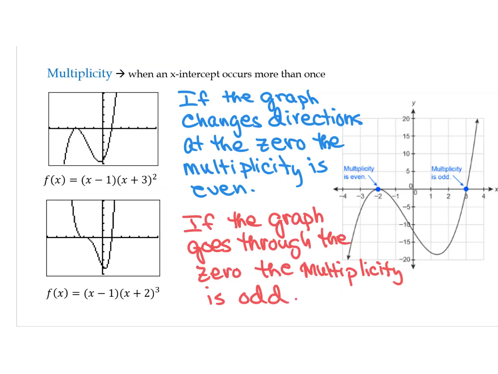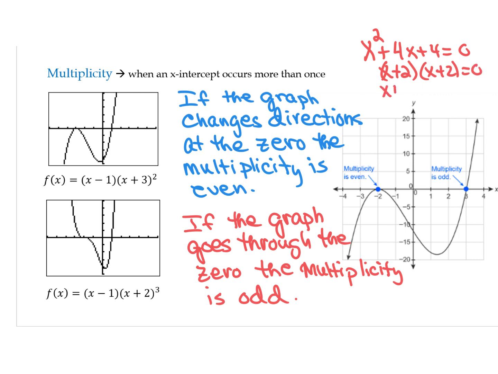The definition of multiplicity is when an x-intercept occurs more than once. And that would be, for instance, let's say that we have the equation x squared plus 4x plus 4 equals 0. And I solve this, and I'm going to do it by factoring, and I get x plus 2 times x plus 2 equals 0.